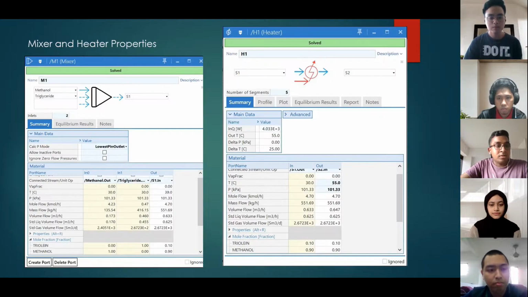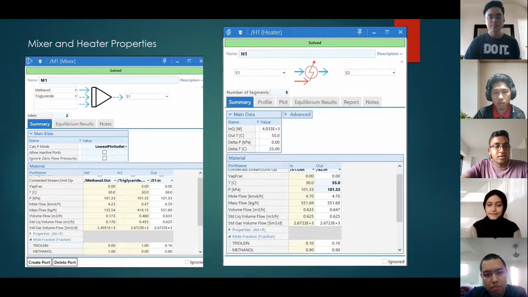The next component used is the mixer, which we use to mix the two reactants to produce a single stream, and the stream will enter the heater, where we will increase the temperature to 55 degrees Celsius as the temperature of our reaction.